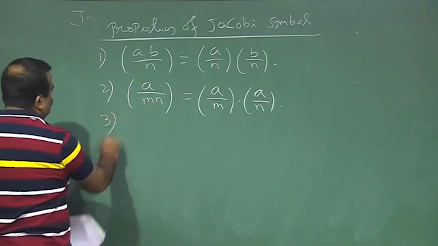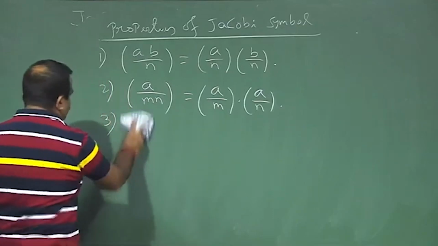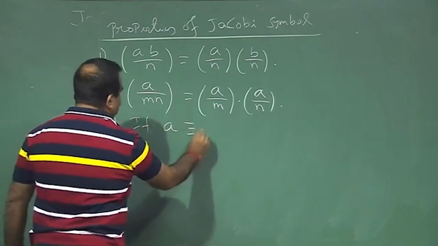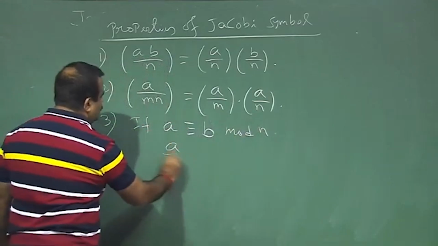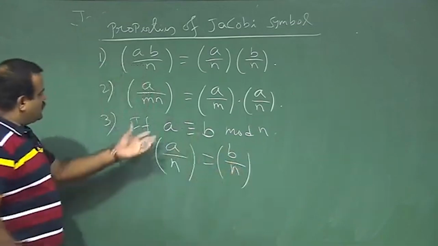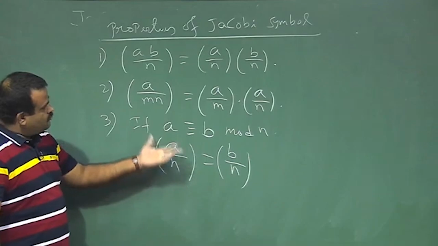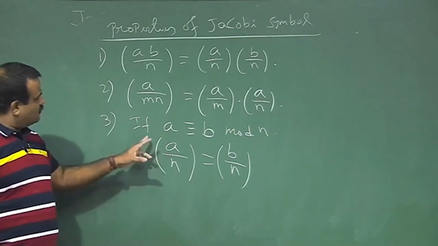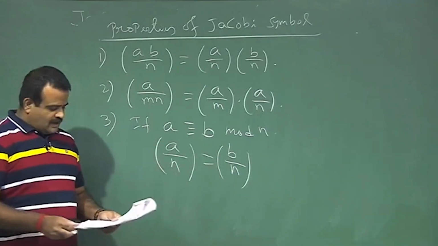And if a is congruent to b mod n, then a by n is equal to b by n.